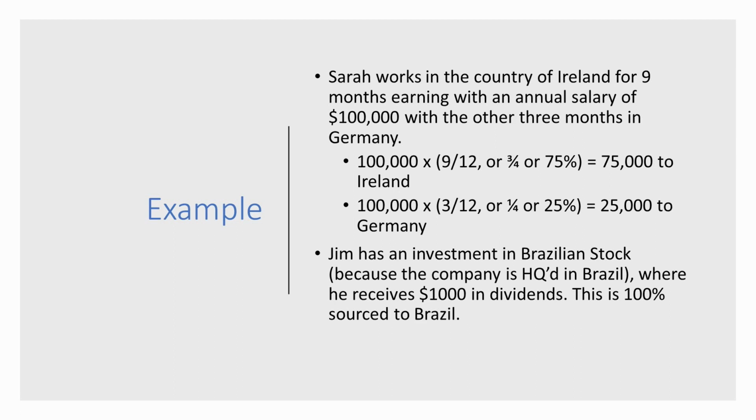And then when they pay the dividends out to the U.S. shareholder, it's going to be sourced 100% to Germany, because the way that they're going to see it is that the German headquarters is the one who made the control in order to allow that to happen. So that's how our sourcing happens.